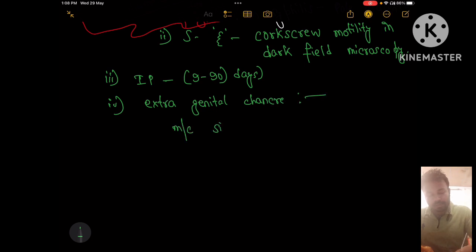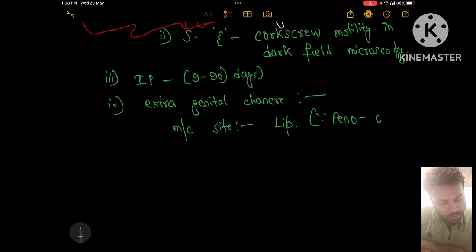The most common site is the lip. How is it the lip? It is the peno-oral route, that is blowjob.